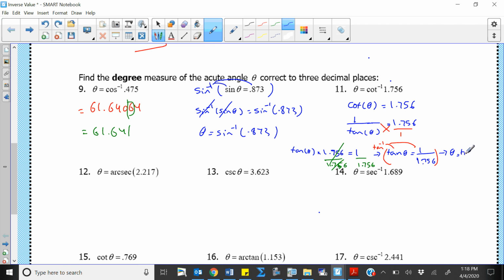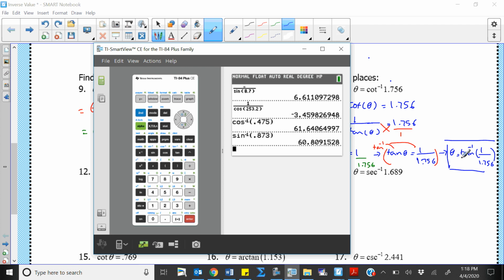So it will be tangent negative 1 of 1 over 1.756. So as you see now, I changed my equation into a form that I have a button defined for this trig value, tangent negative 1. I have a button defined for that, so it's easy for me.